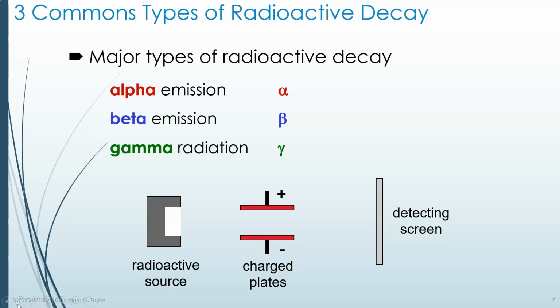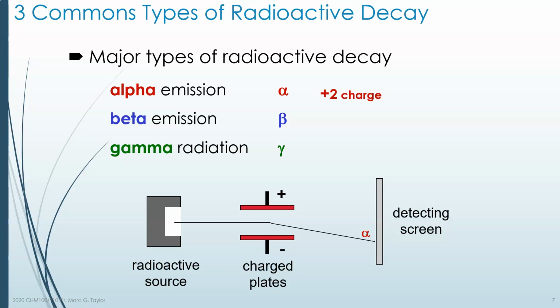So when alpha particles were emitted, in other words, an alpha emitter, some kind of element that releases alpha particles like uranium-235, this was placed here, and what was found was that the particles deflected away from the positively charged plate and towards the negatively charged plate.